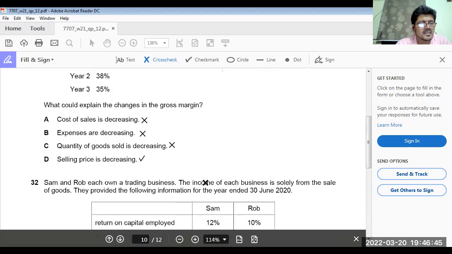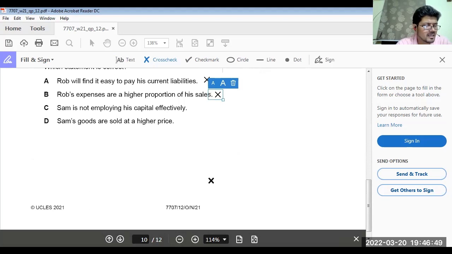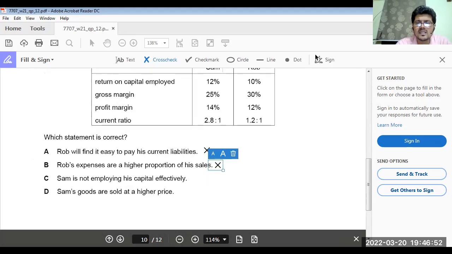Okay. Now see. In this case, Rob's expenses are showing, okay, let me take the calculator. 30% minus 12% means 18%. 25% minus 14%, 11%.